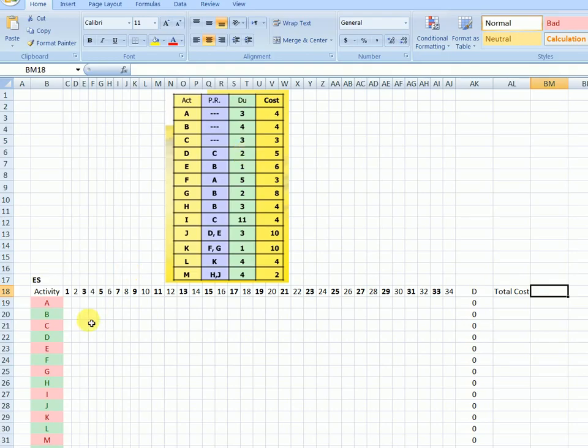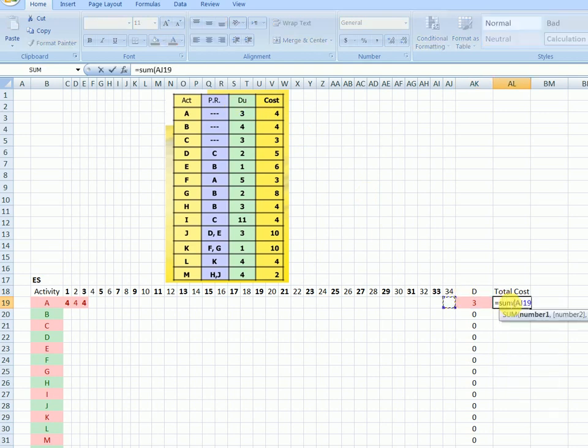So you're going to add this number here. I say 4, 4, 4. You need to make sure 3 comes here as the duration, and the total cost should be a sum. I'm teaching how to do this template also.